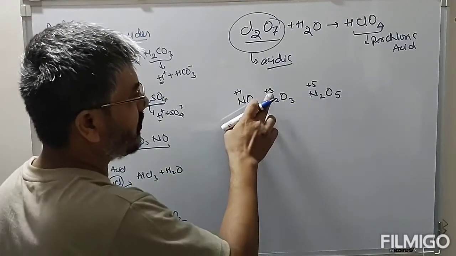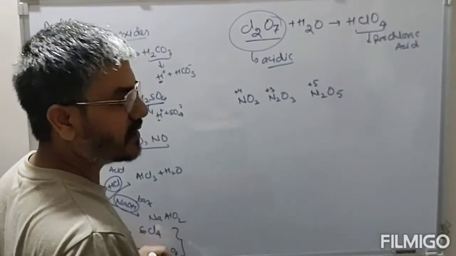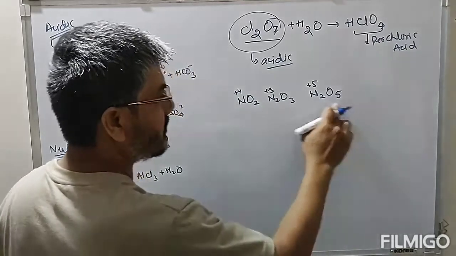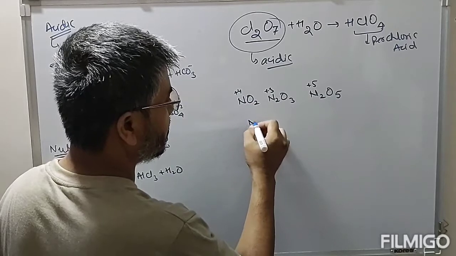Now look at this, moving from +3 to +4, +4 to +5, the oxidation state increases. As the oxidation state increases, or the number of oxygen increases, the acidic character of oxides also increases.